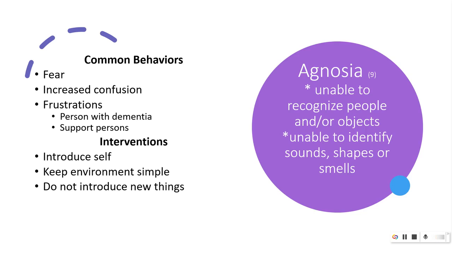So one thing to think about is that as the disease progresses, the short-term memory loss starts to set in, and then the long-term memory starts to be affected. So the person tends to go back into the crux of their life, the area of their life that has a very strong memory.